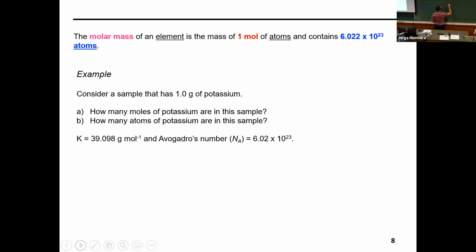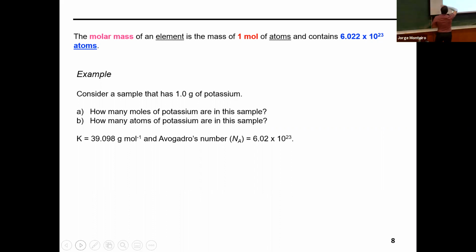And now we know that 1 mole of potassium is going to weigh 39.098 grams. Okay, so this information here comes from the molar mass of potassium. Now we have a big conversion factor that has 3 components, and you can use any 2 components in this conversion factor, depending on what the problem provides to you.